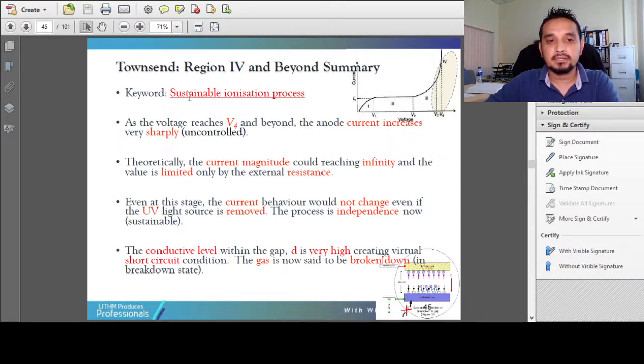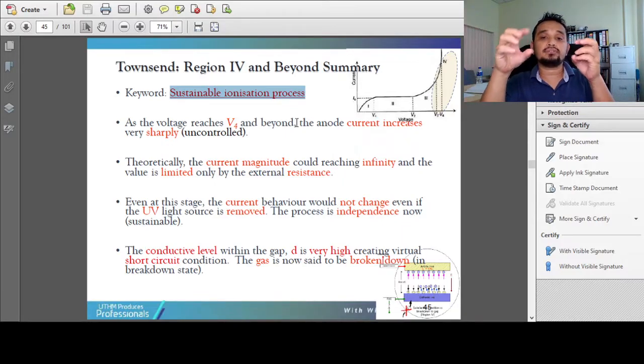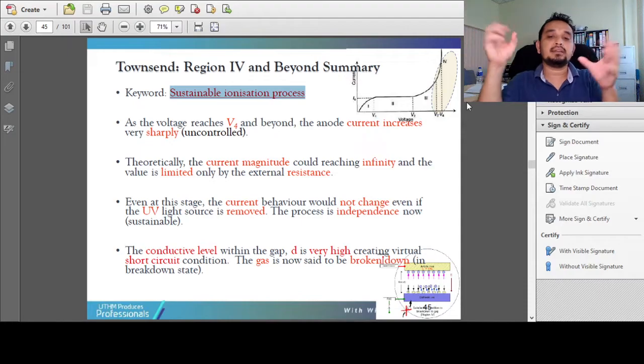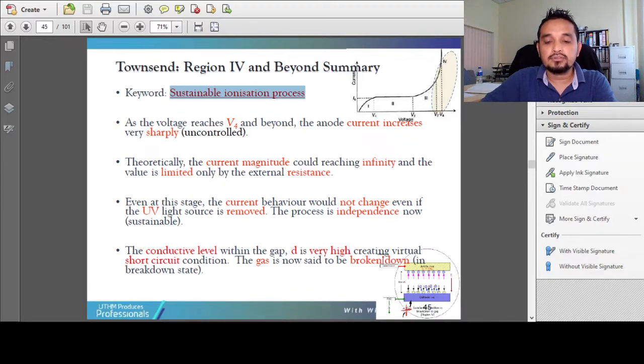And if it is sustainable, it means that it doesn't require any independent source to initiate or trigger the further breakdown. So the ionization process in this region is actually independent of any external source. For example, if we take out the source of UV light, the breakdown will occur, and the current will increase independently. We cannot control the amount of current.